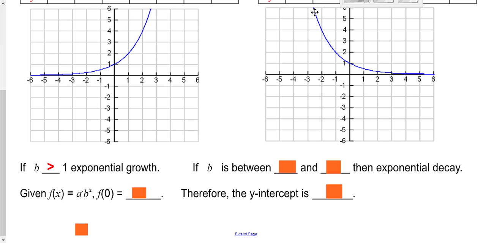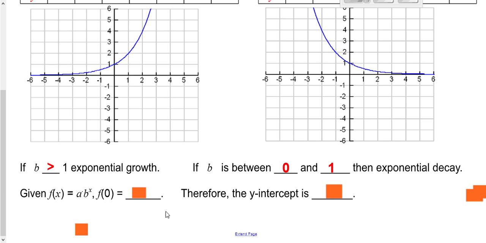Also, over here, this is an exponential decay because it is going down as we go to the right. Now, if our b value, the thing that the variable is on, the exponent is on, is between 0 and 1, it ends up being decay.